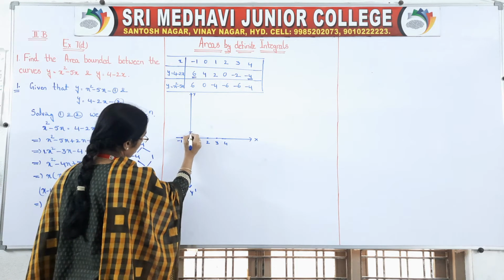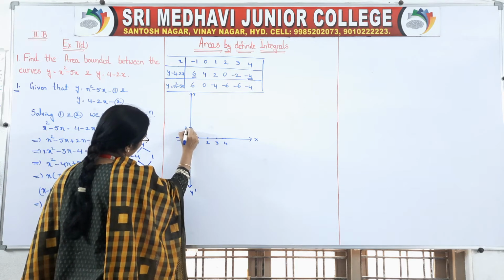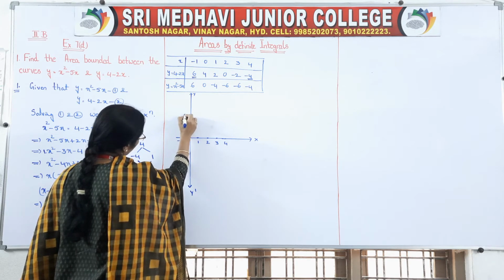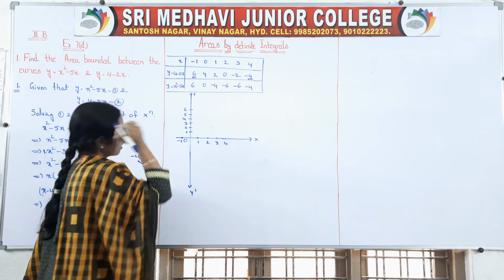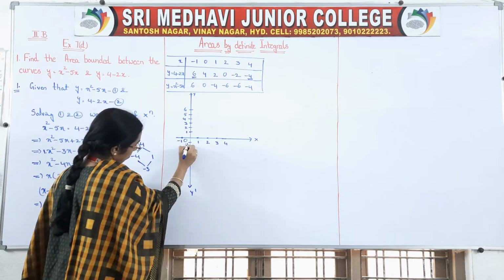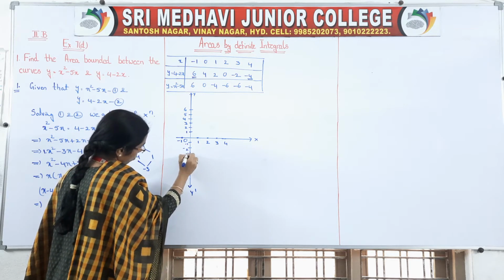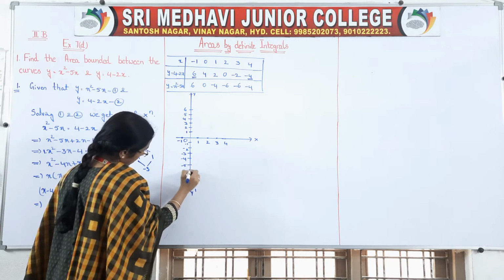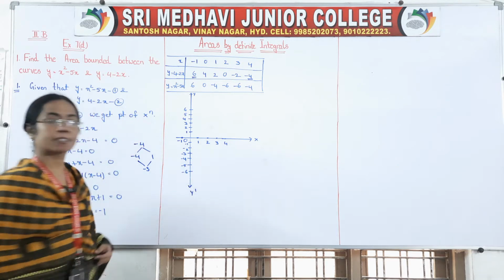So you take 1, 2, 3, 4, 5, 6. Similarly you take minus 1, minus 2, minus 3, minus 4, minus 5, minus 6.